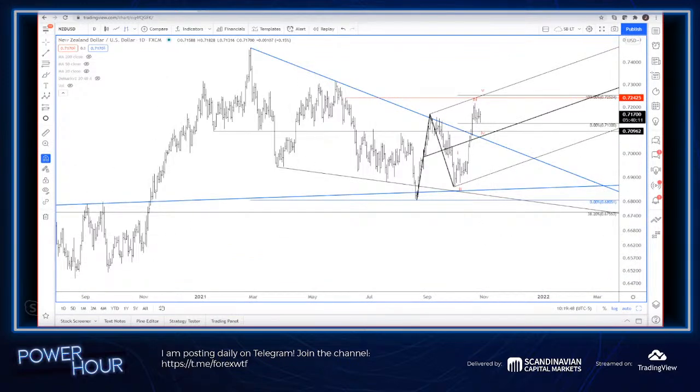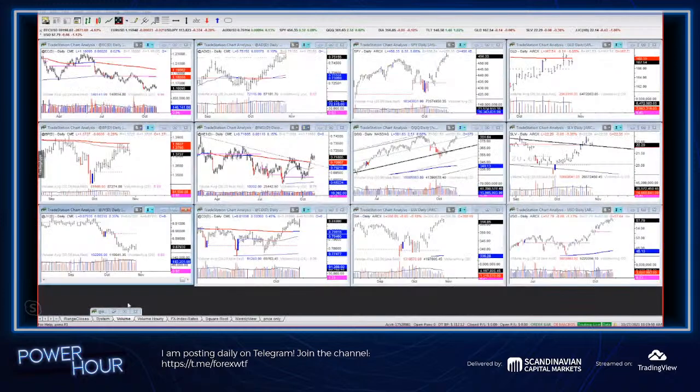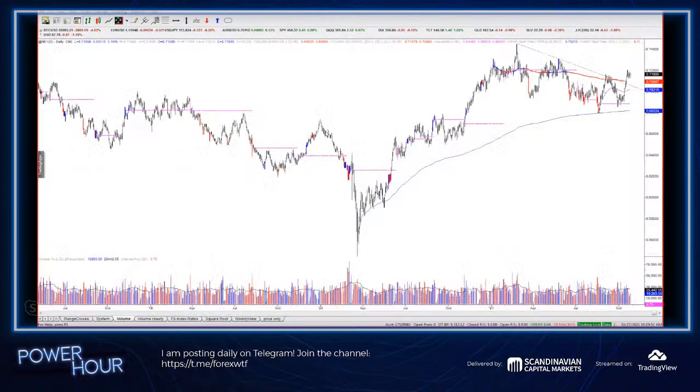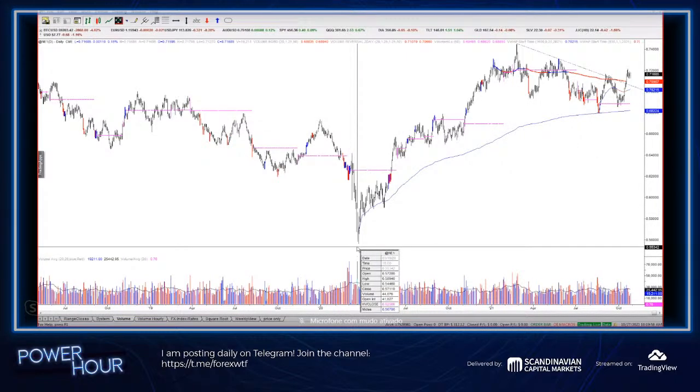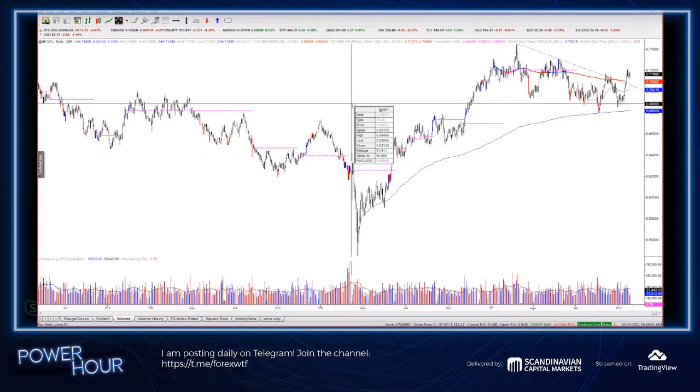And as we go back to our trusty VWAP stuff here, I will note that low in August was also right on volume weighted average price anchored VWAP from the March 2020 low, from that COVID panic low, if you will, right?